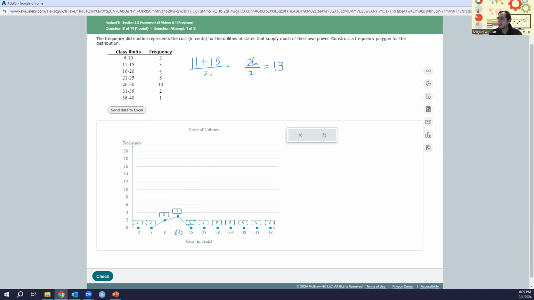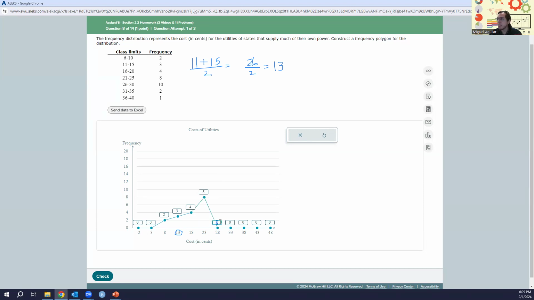So as you go through this process, you will find the midpoints here, and then plot the frequencies. So the midpoint for 16 and 20 should be 18, so I'm going to plot 4 here. The midpoint for 21 and 25 should be 23, so I'm going to plot 8 there.